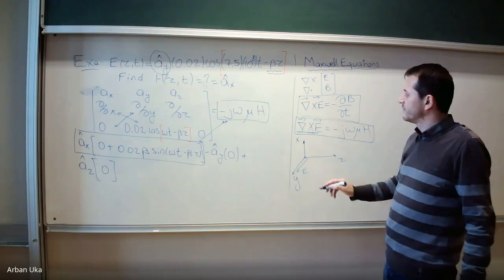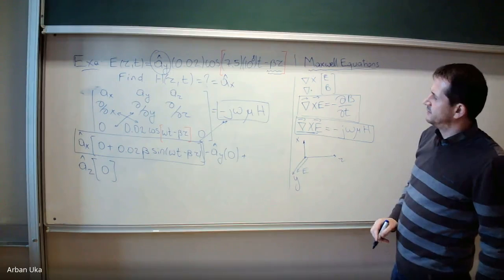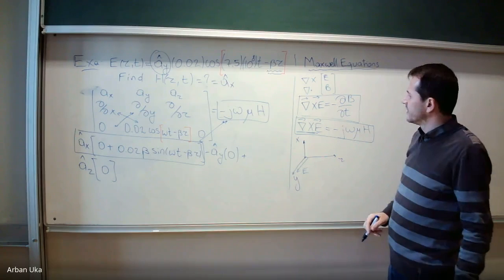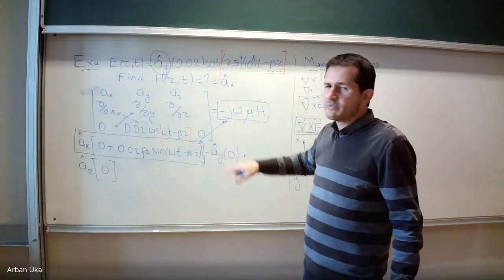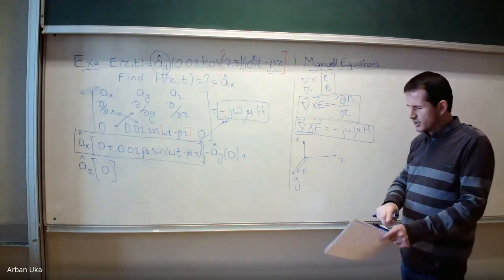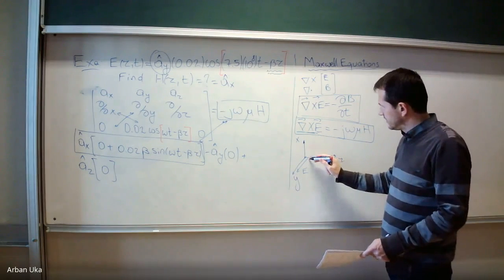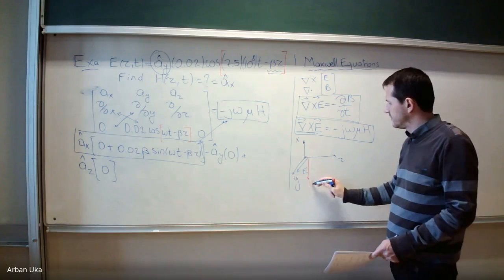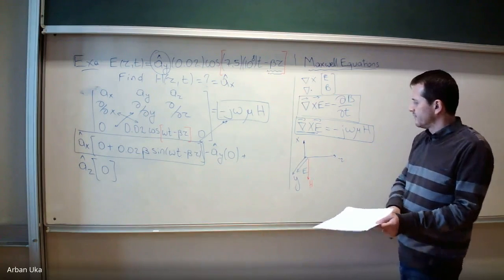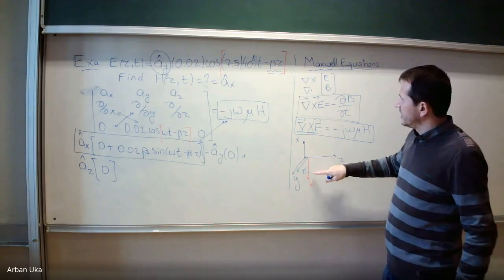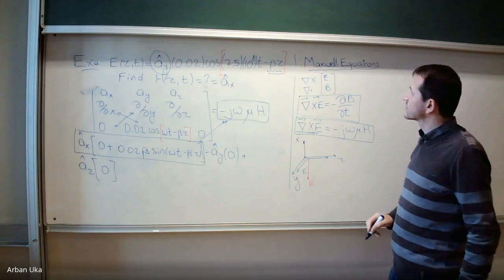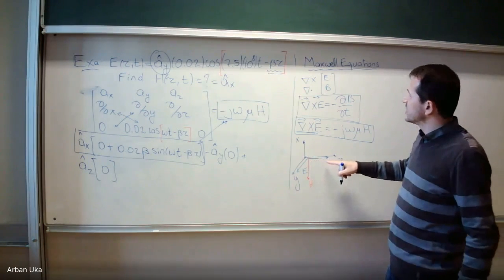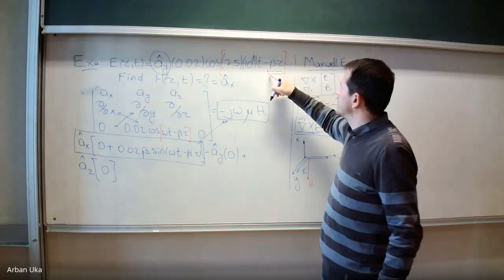This is E. The H is in fact, we have a minus sign here, so H is minus ax. Okay, so H down here. And again, E cross H gives to us the propagation direction. So it looks like this wave is propagating along the z, and it's completely obvious.